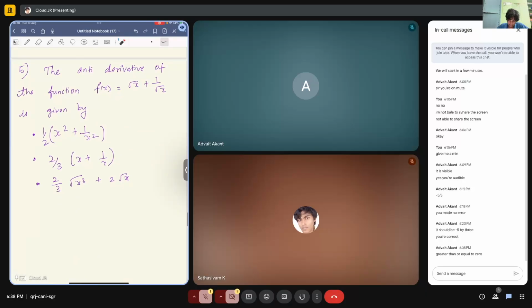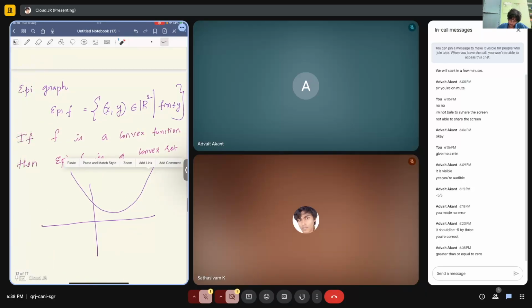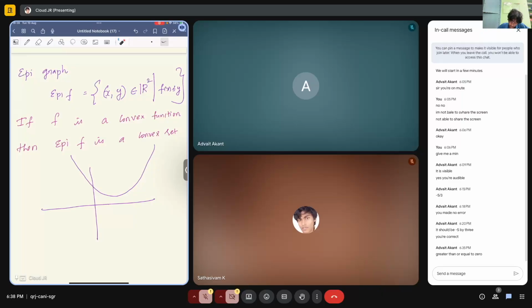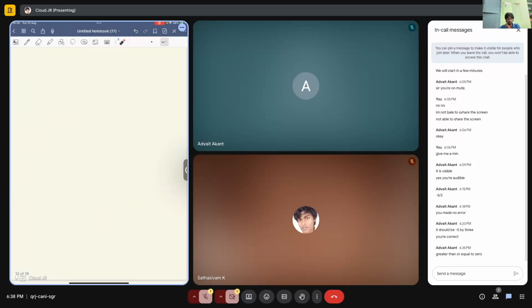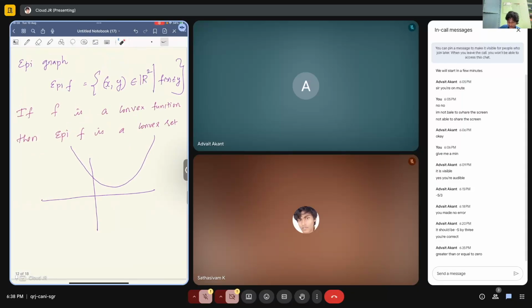Now the question is the following. Suppose my function is a convex function, then the epigraph is also a convex set. So how do you prove that? It was there in the class, so I just pick up from there. What does a convex set mean?